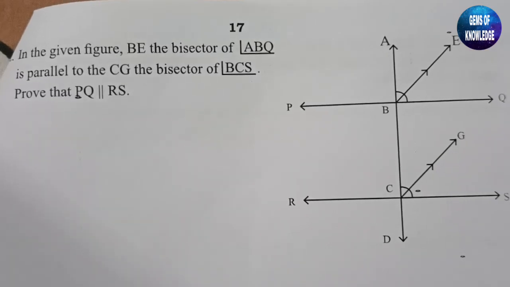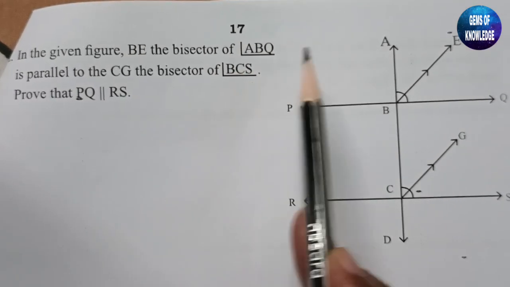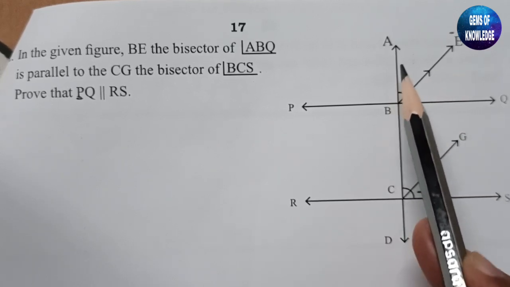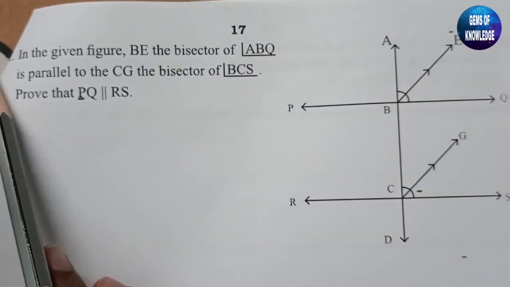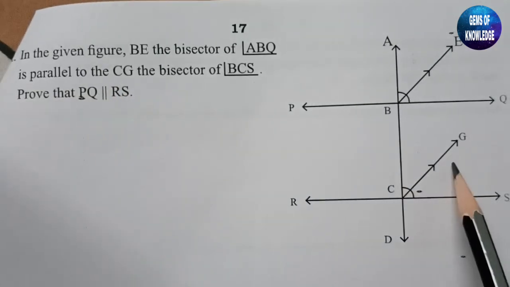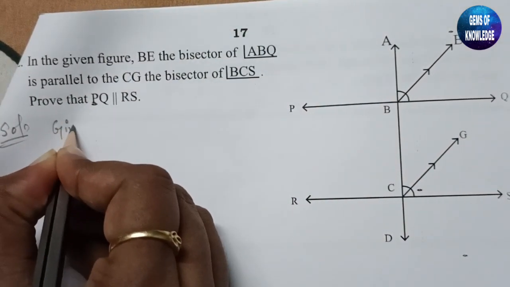So the next question: you can see in the given figure, BE is the bisector of angle ABQ. Now this BE is bisecting this angle ABQ. This BE is parallel to CG. They have already given that. So we will write the solution. What all is given, we will write first.